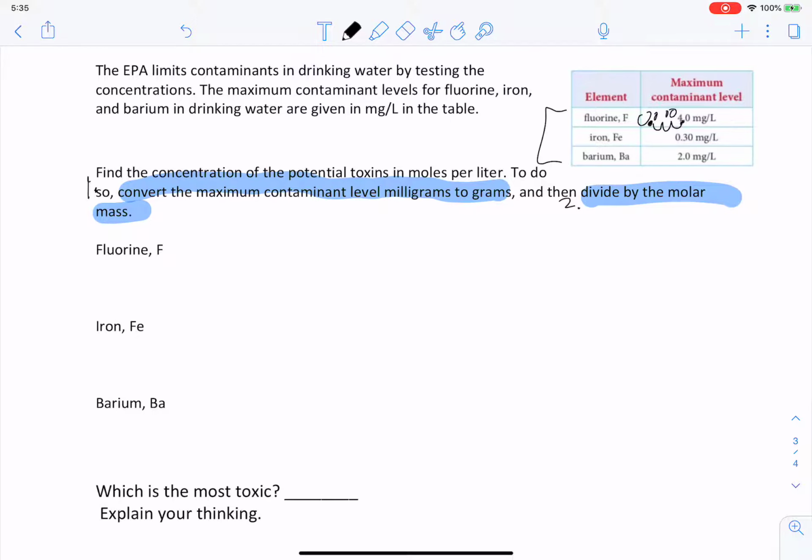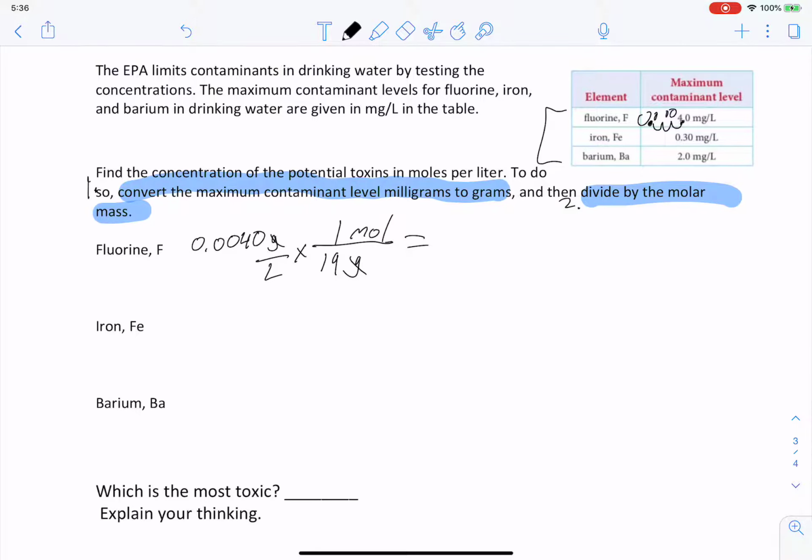So we're left with 0.0040 grams per liter. And then we take that and multiply it by the molar mass. The molar mass of fluorine is 19 grams per mole. Those cancel out.